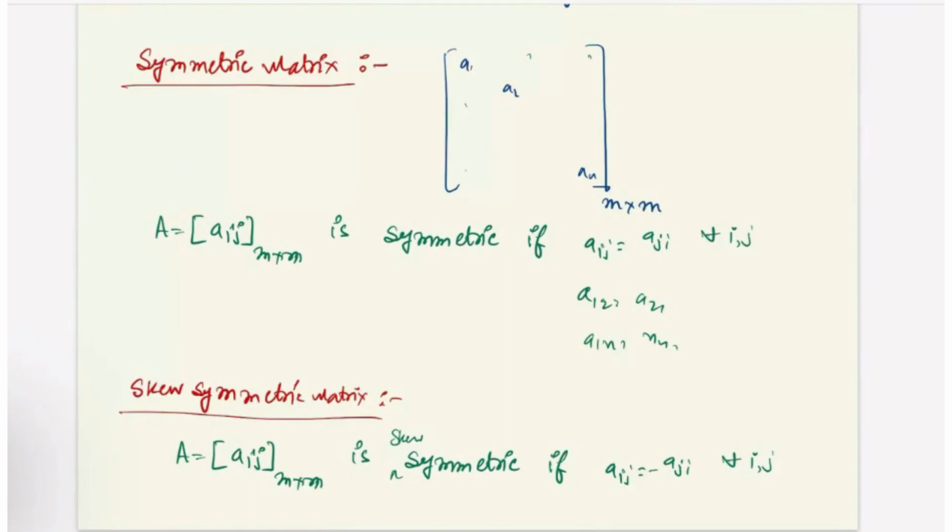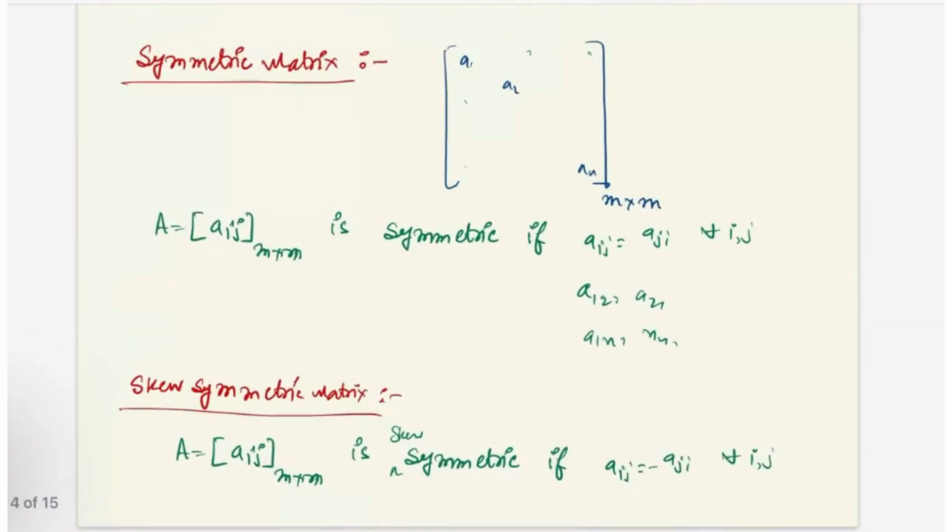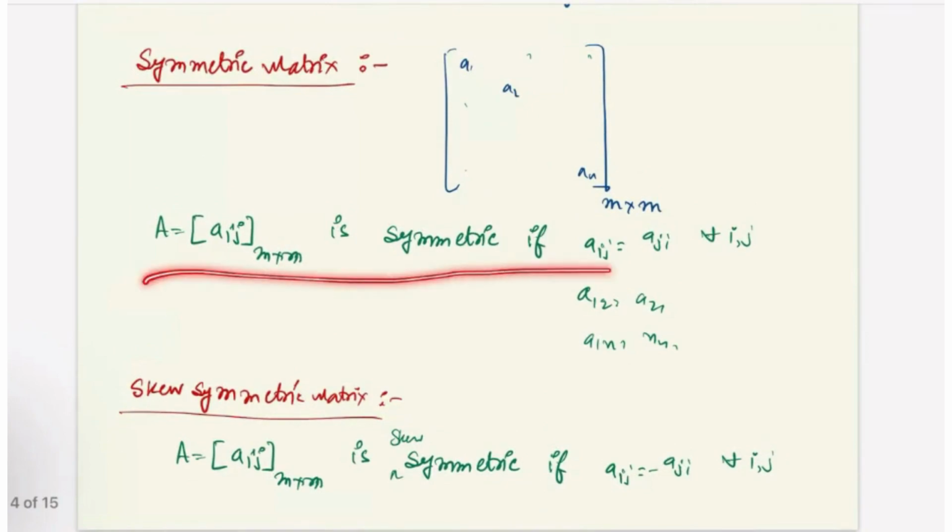Likewise, you can flip the matrix along the diagonal, like folding a paper, and these two entries will match, these two entries will match. That is called a symmetric matrix. Mathematically, we can write it as Aij equals Aji. And a skew symmetric matrix is basically the same as the symmetric matrix, but with a minus.